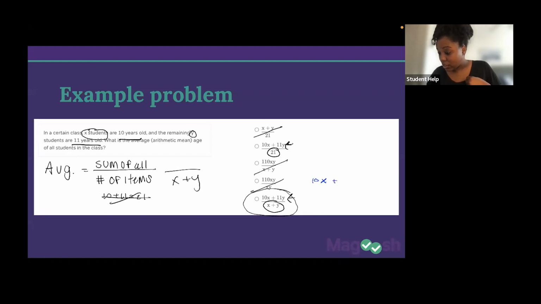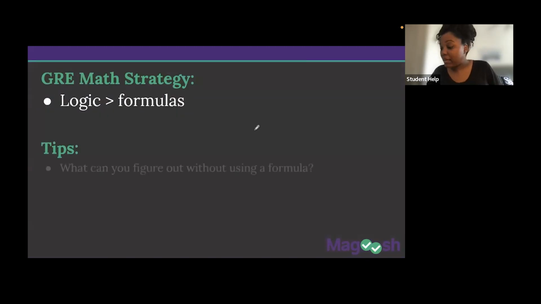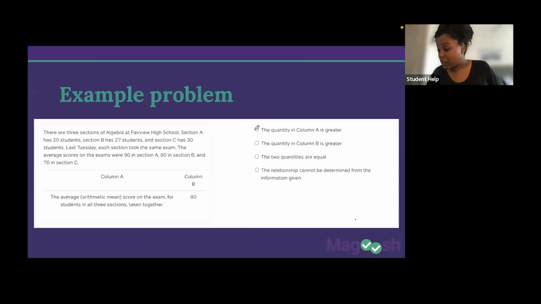And then here you took 11 times Y, because literally what you're doing is saying 10, 10, 10, 10, whatever, X number of times. So that's how that formula worked. You're going to use that same principle for this question if you solve it mathematically.